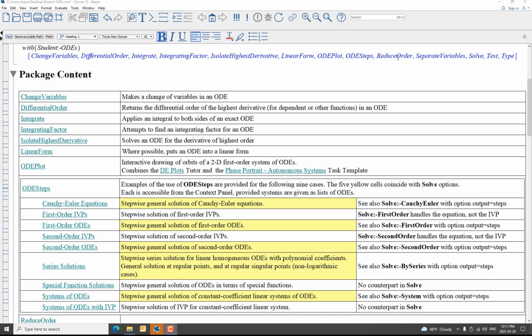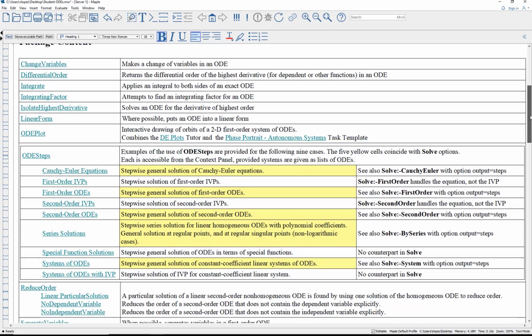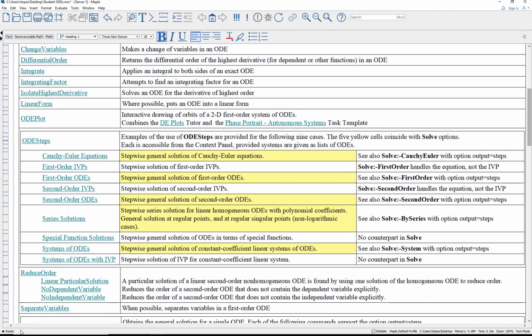The next 2 commands, reduce order, separate variables. I've grouped those together. Reduction of order has 3 cases: linear particular solution, no dependent variable, no independent variable. I can remember these topics from my old Rainville differential equations book that I used 50 years ago.